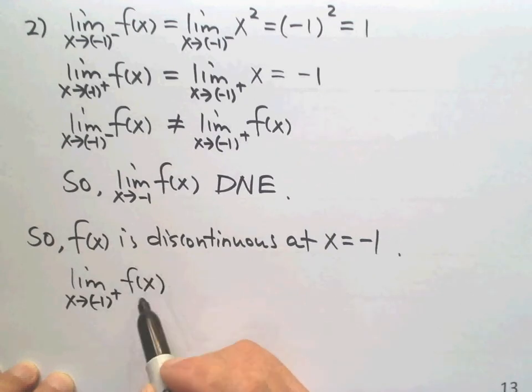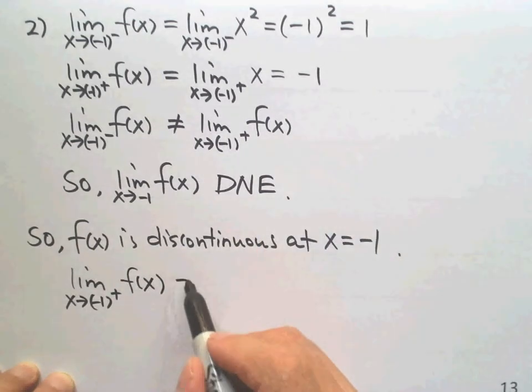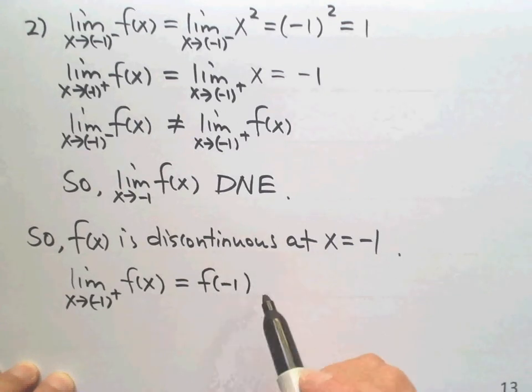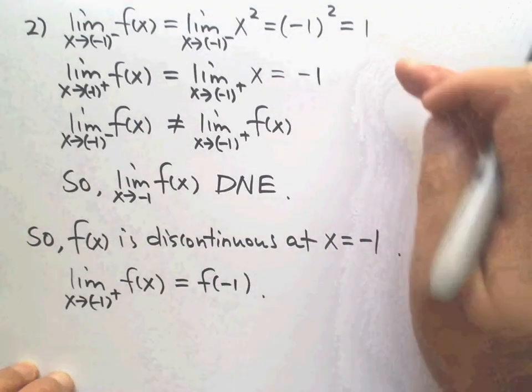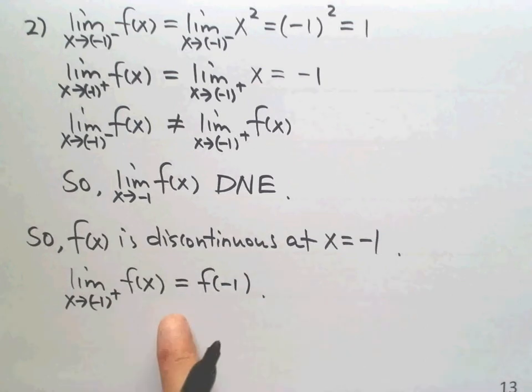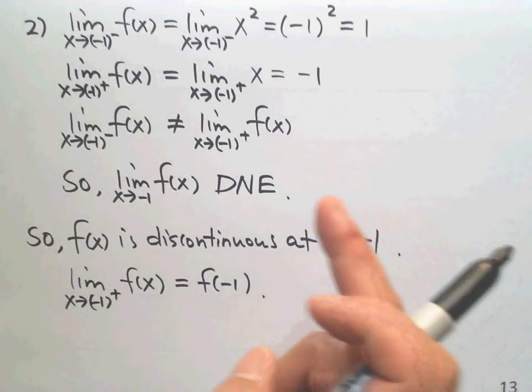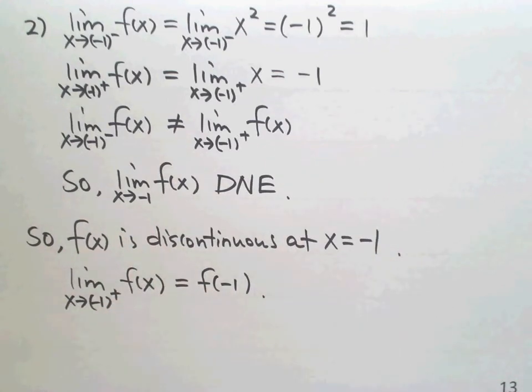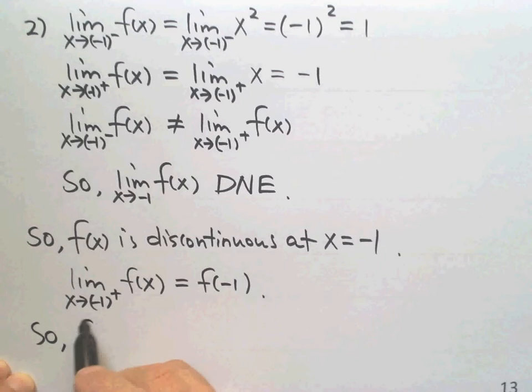The right-handed limit, when x approaches -1 from the right, of f(x) equals -1, which equals the value of the function at -1. The left-handed limit does not equal it. What does this mean? This means it is approached from the right.